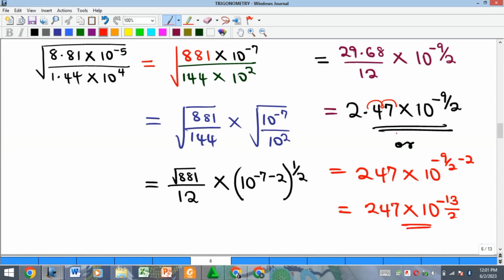Some of us can also approximate to one decimal place, so in any case the answer you will have is also correct if you do your approximations correctly.